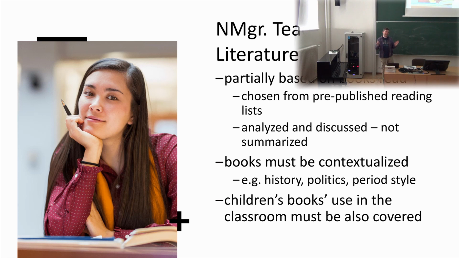And that's basically the only difference between lower secondary and upper and lower secondary, whether you choose from 2 lists or 3 lists. And you are supposed to talk about these books at the state exam with your examiner.